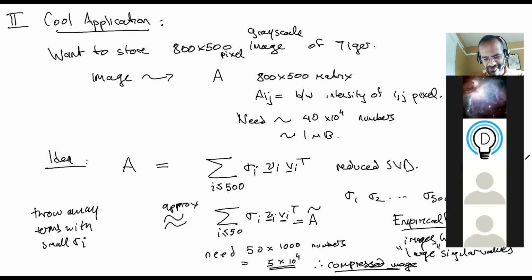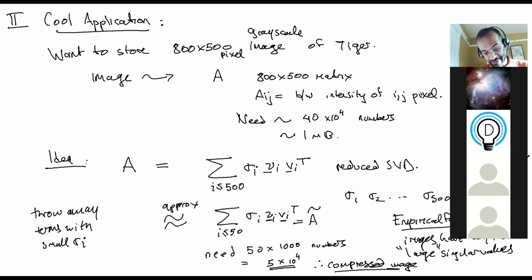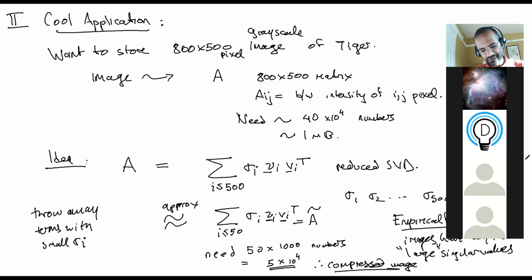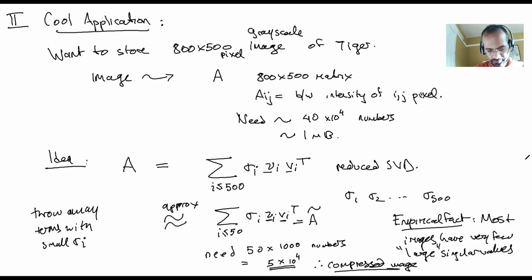What I meant to say is they still had many non-zero singular values, but very few of them were large. This is just an empirical fact about real images, that if you take the SVD, they have very few large singular values. So in some sense, images in nature are inherently close to being low rank, is one way to think about it.